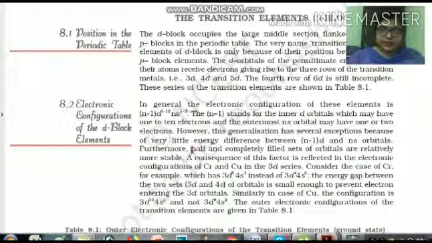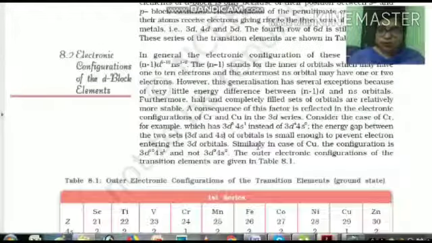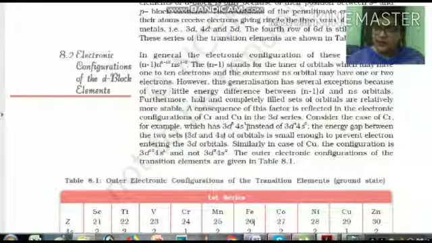See children, previously here we observed the electronic configuration of chromium and copper. They are exceptions in their electronic configuration. Chromium has the half-filled configuration 3d5. The d orbital can have a maximum of 10 electrons, and we know that half-filled and fully filled are considered more stable.